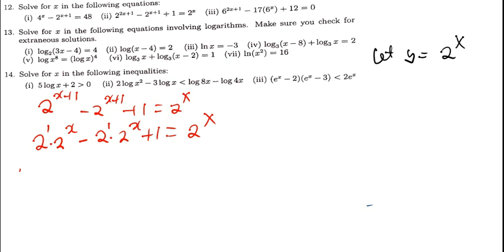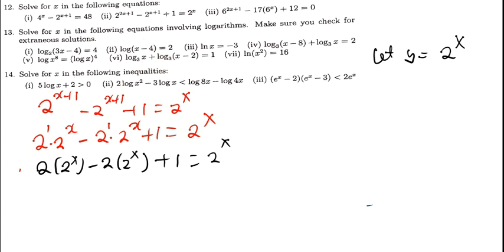So what I'm going to do is now make things simple. This is the same as 2 then 2 to the power x minus 2 to the power x, okay, 2 to the power x like that plus 1 is equal to 2 to the power x.